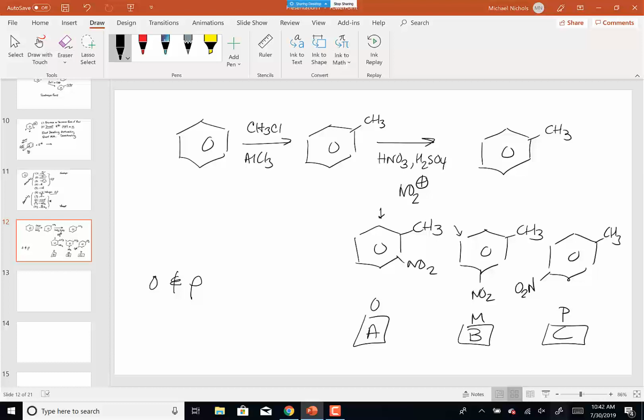And when you have a deactivating group, you get meta, you don't get any ortho-para products. Now, this is not a forbidden set of products. In other words, you could do a reaction with an activating group, and it could give meta products. Those won't be the major products.